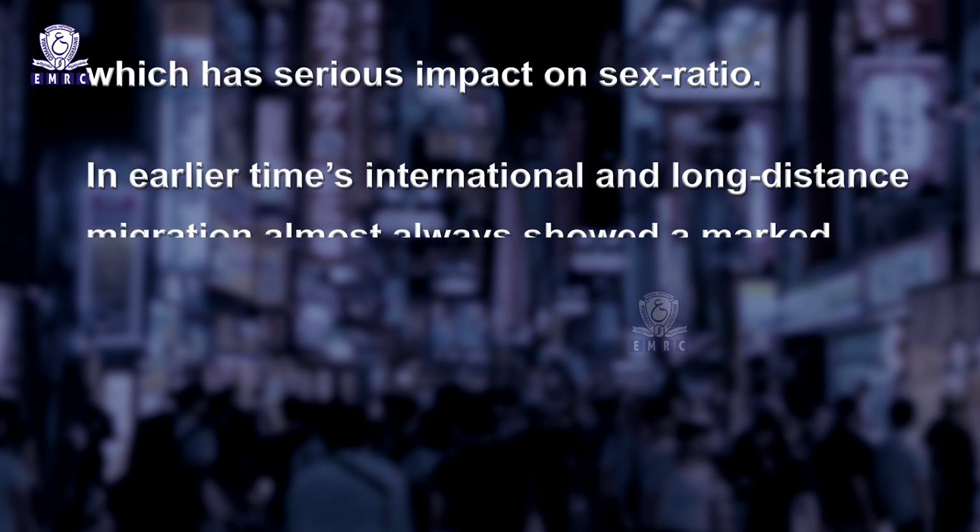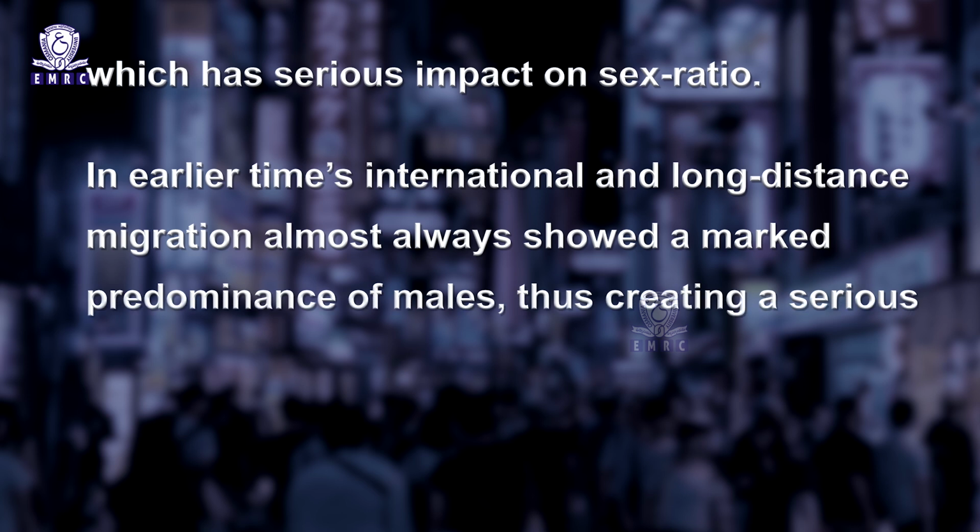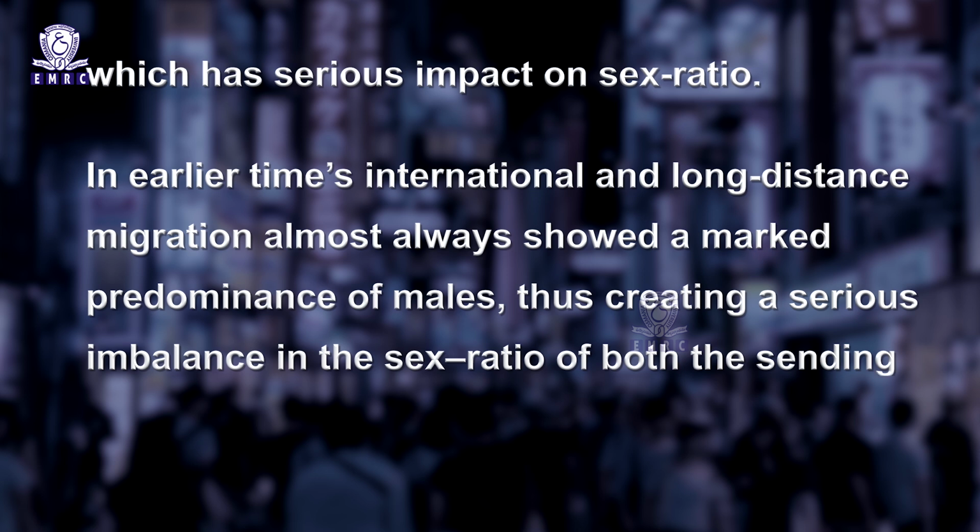In earlier times, international and long distance migration almost always showed a marked predominance of males, thus creating a serious imbalance in the sex ratio of both the sending and receiving areas. At present, the male predominant regions are only such fringe areas as Alaska and Northern Territory of Australia, both of which have 1,350 men for every 1,000 women.